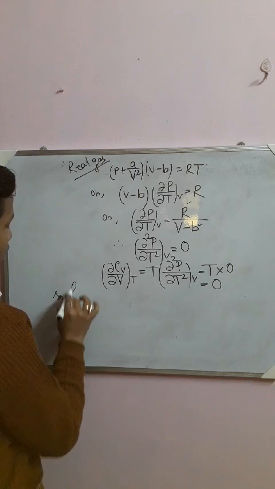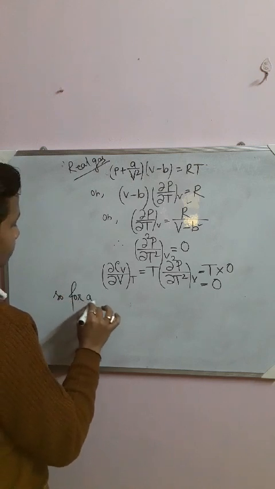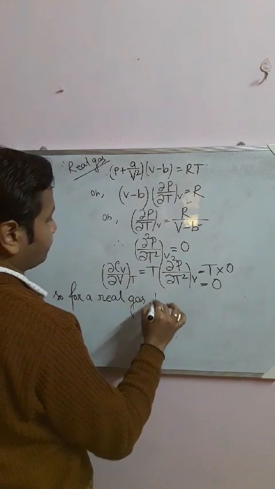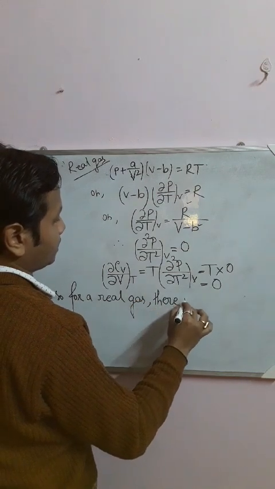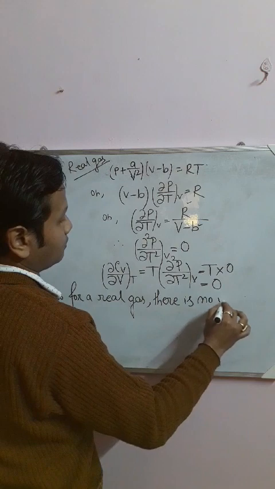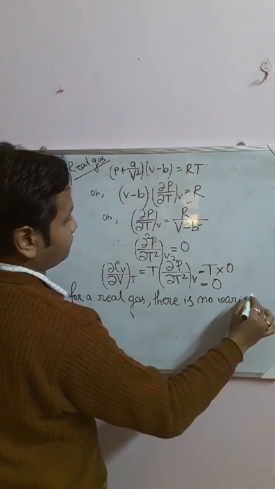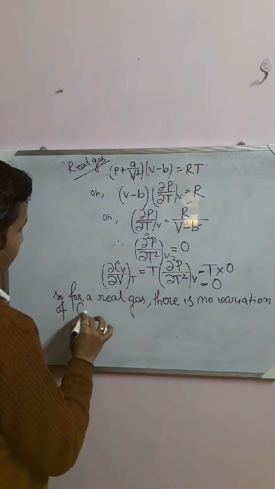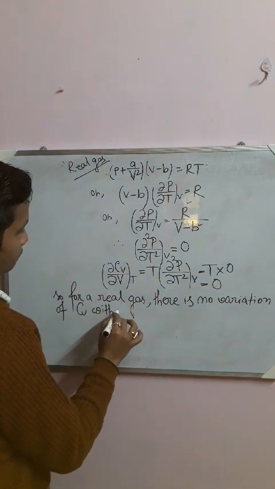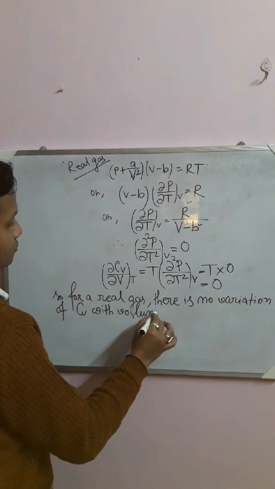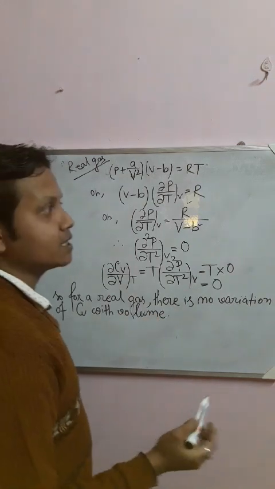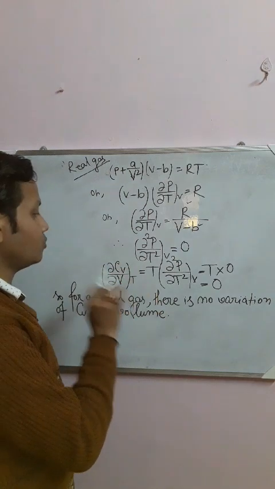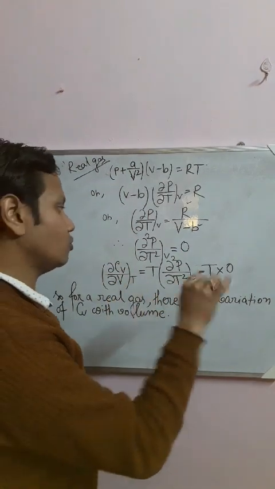So for a real gas there is no variation of CV with volume. Okay, so thus we see that whether the gas is perfect or real doesn't matter, the variation of CV with volume at constant temperature is always 0.